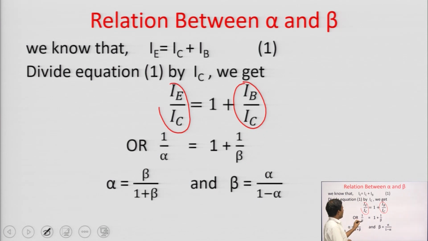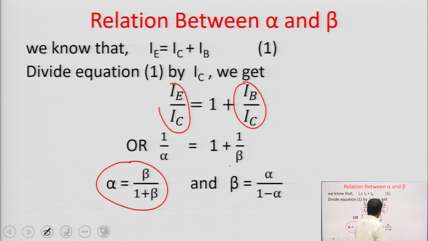This means 1 upon alpha is equal to 1 plus 1 upon beta. If we rearrange this, we get alpha equal to beta upon 1 plus beta, and beta equal to alpha upon 1 minus alpha. This is the relation between alpha and beta. This means the value of alpha is less than 1 and the value of beta is greater than 1.